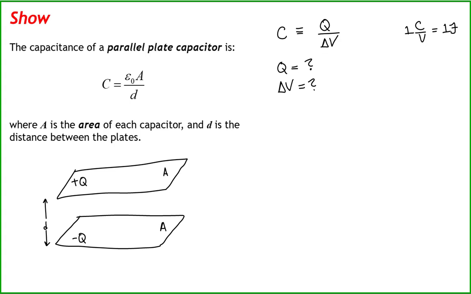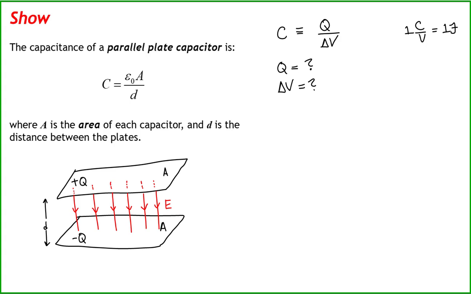Now, if our plates are charged with charge Q, that means that there is going to be an electric field established between the upper and the lower plates. Because we're going to assume the separation distance is small in comparison to the size of the plates, we could say that the electric field between the two plates is uniform, pointing from the positive plate down to the negative plate.